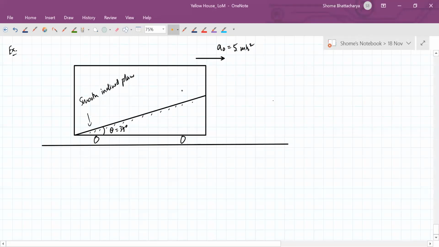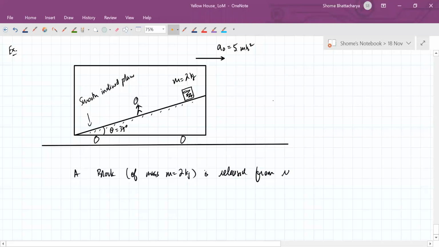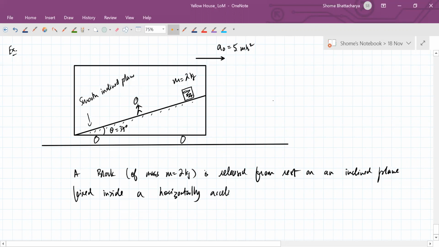Now what we are doing is, a block of mass 2 kg is released from rest on an inclined plane fixed inside a horizontally accelerated vehicle.